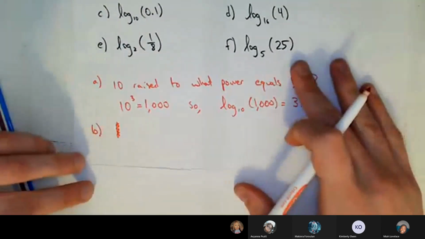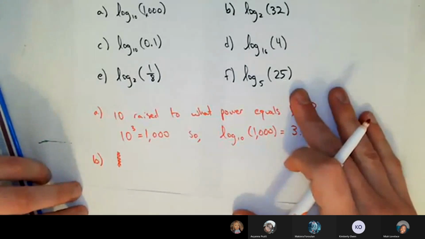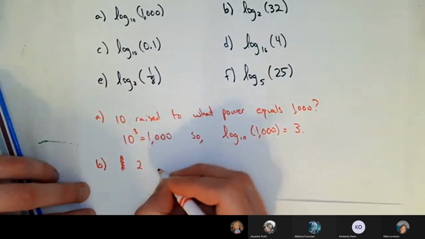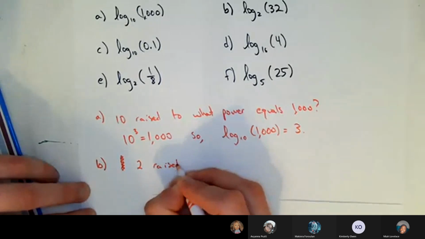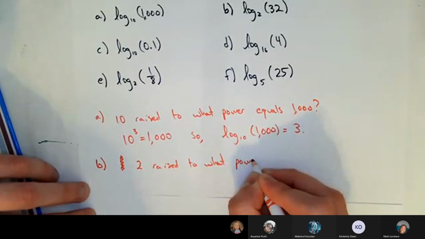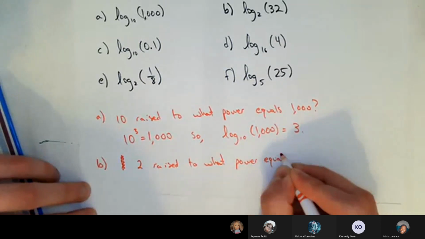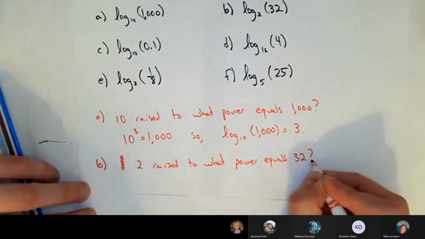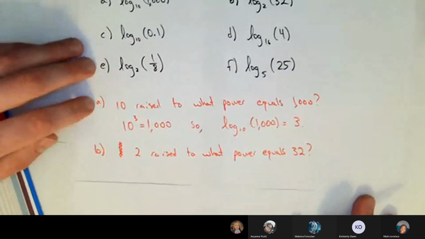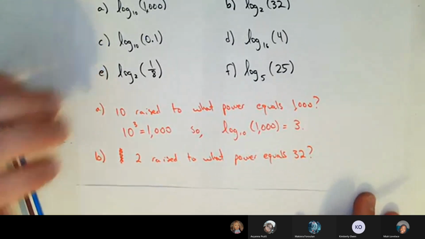Computer being the calculator. All right, part B says log base 2 of 32. So that question is 2, the base, raised to what power is 32? So you think in your head, how many times do I have to multiply 2 by itself to get 32?